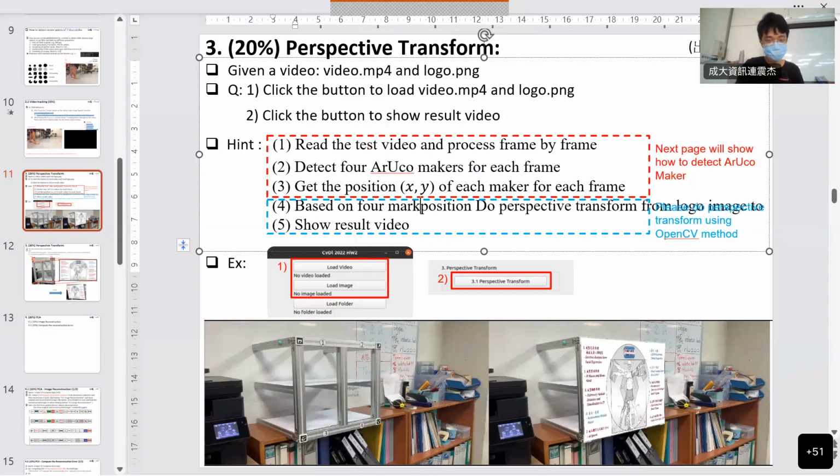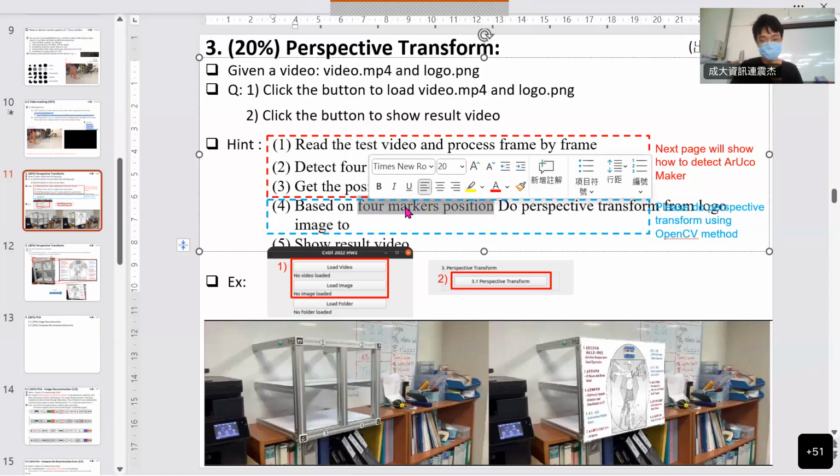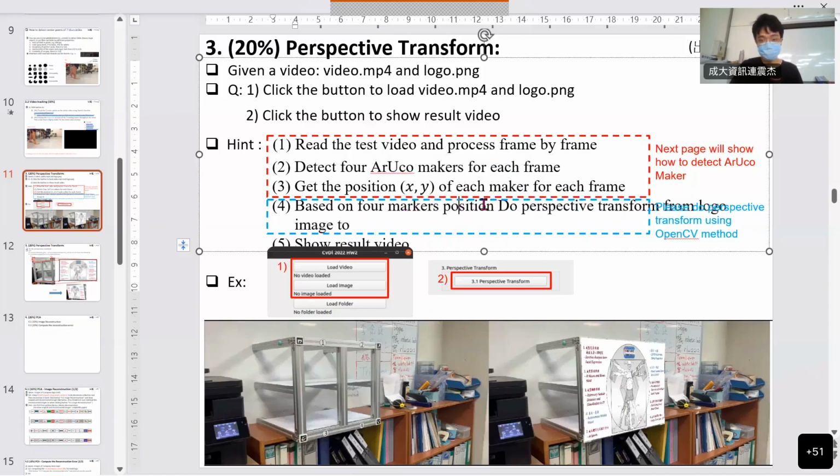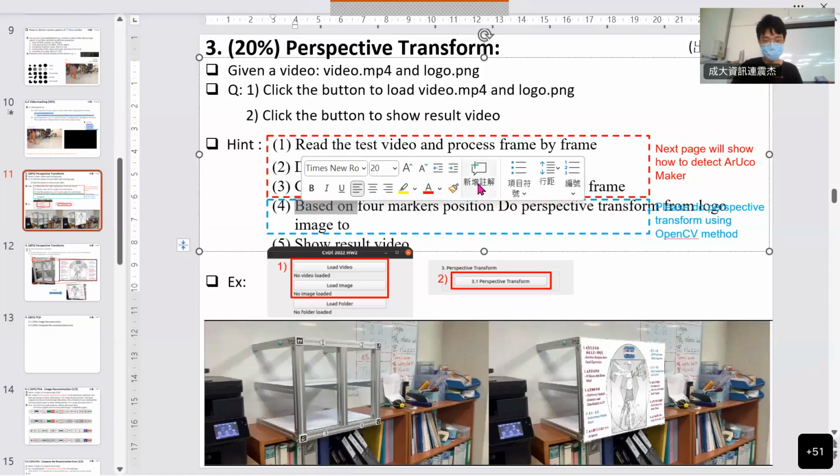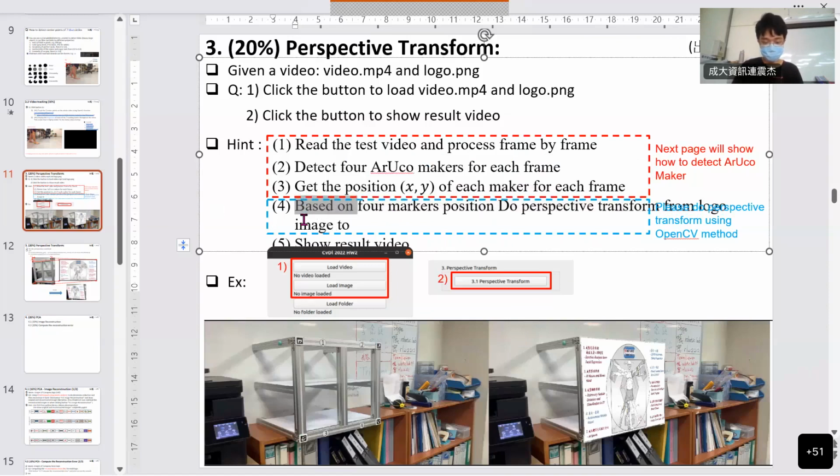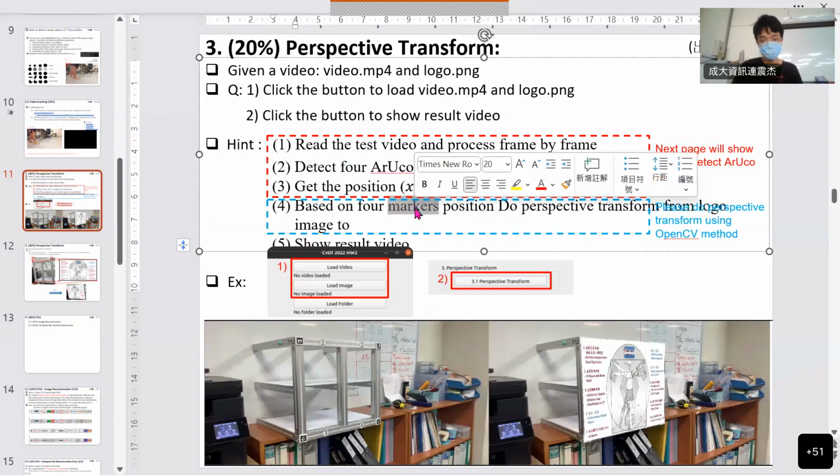Transform the logo's 4 corners, mapping 4 corners, making the logo fit based on the 4 corresponding marker corner positions.